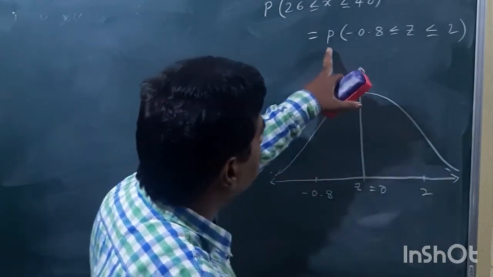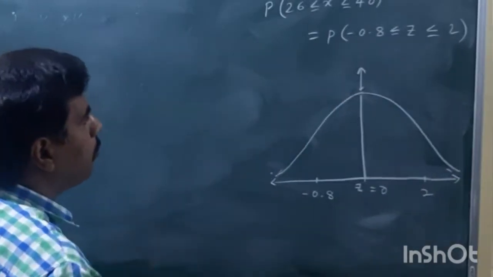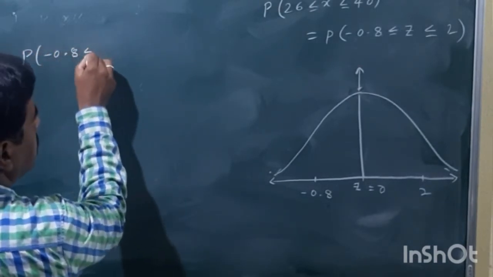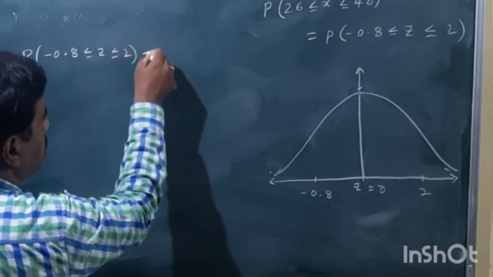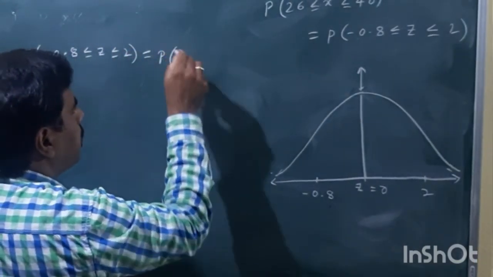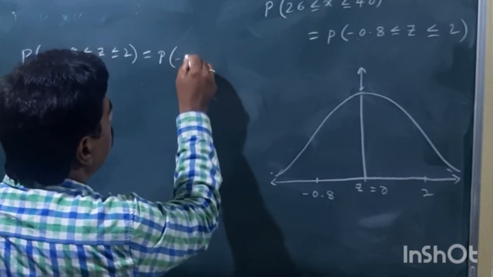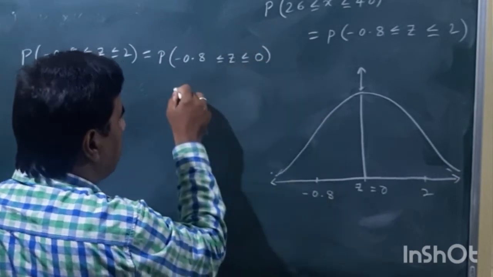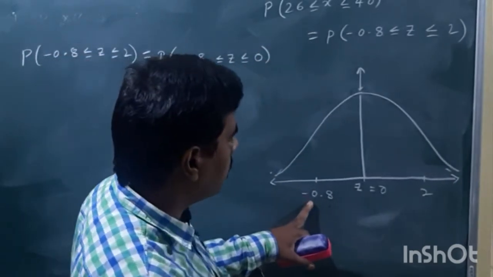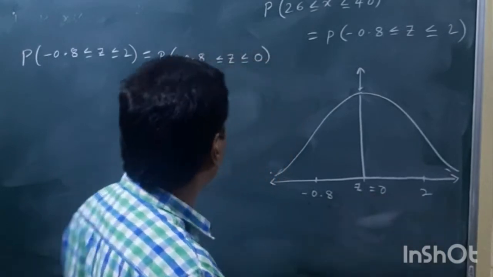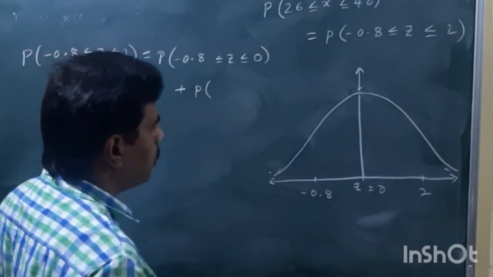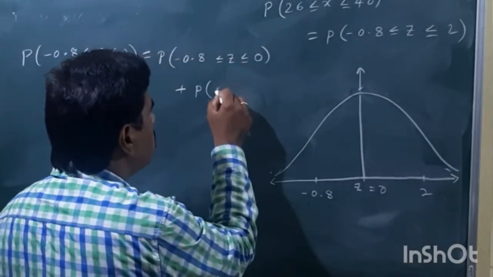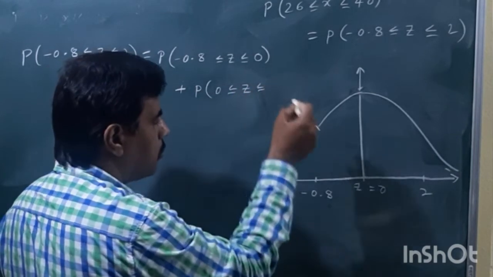Therefore you can write this probability, probability minus 0.8 is less than or equal to z less than or equal to 2, as the probability between minus 0.8 less than or equal to z less than or equal to 0, plus the probability 0 less than or equal to z less than or equal to 2, from 0 to 2.